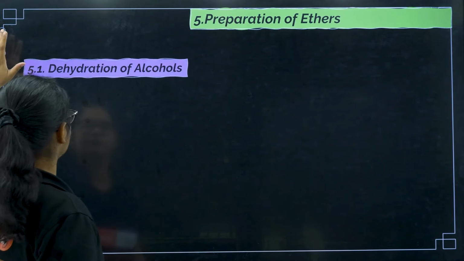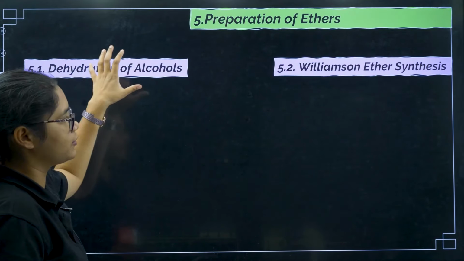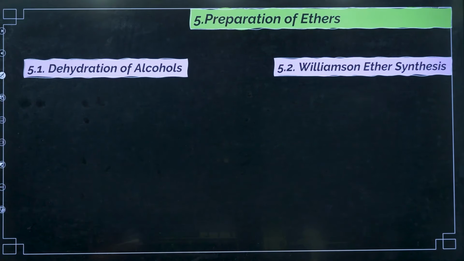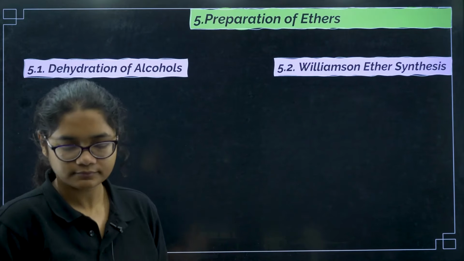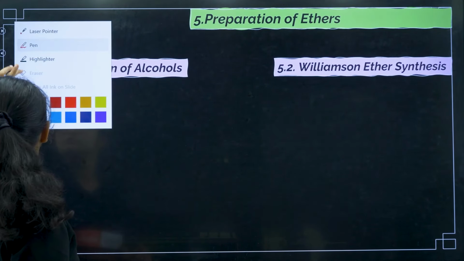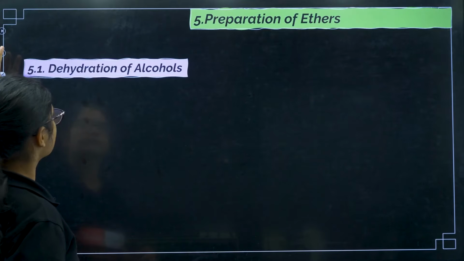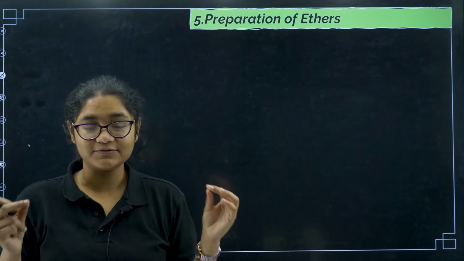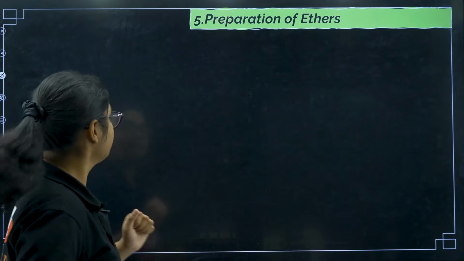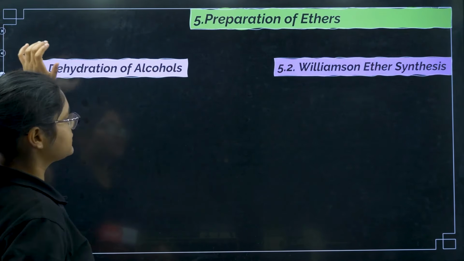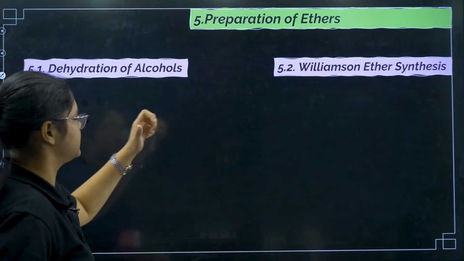Under that we have 2 methods, one is dehydration of alcohol, another is Williamson ether synthesis. Now we will see the reactions for preparation of ethers. Okay, the first one is your dehydration of alcohols, and the next one is your Williamson ether synthesis.